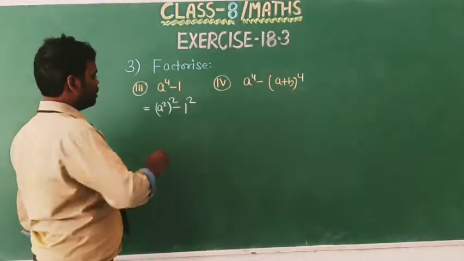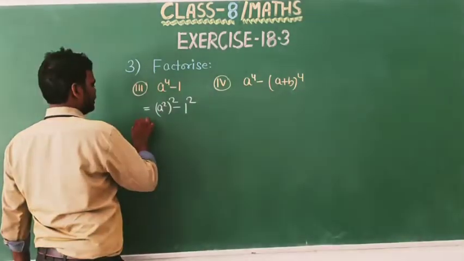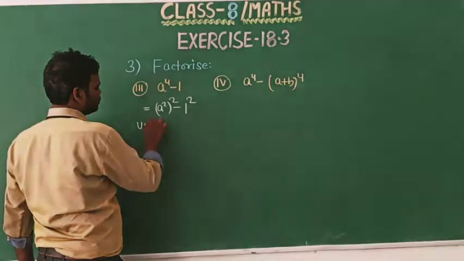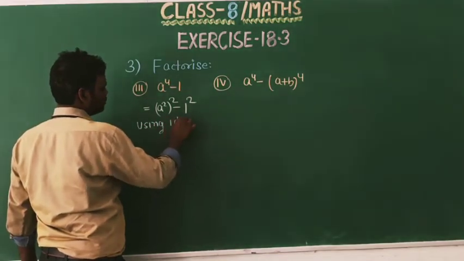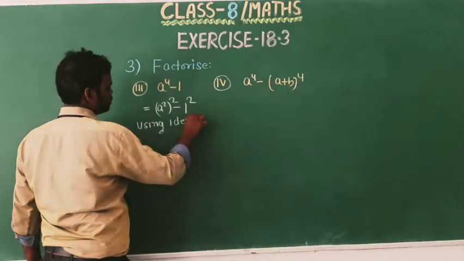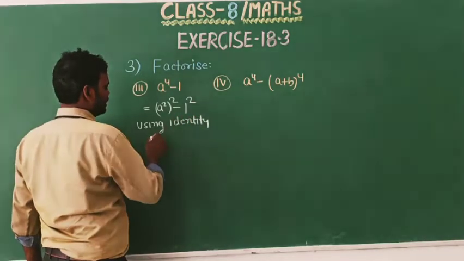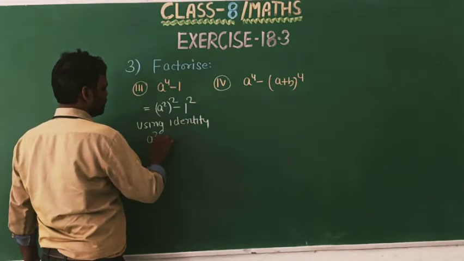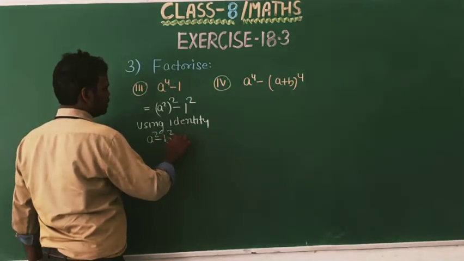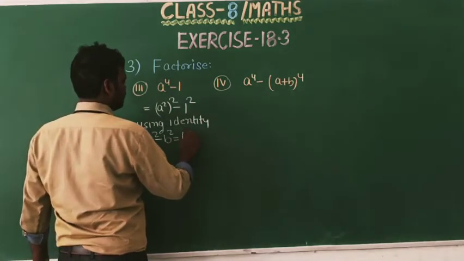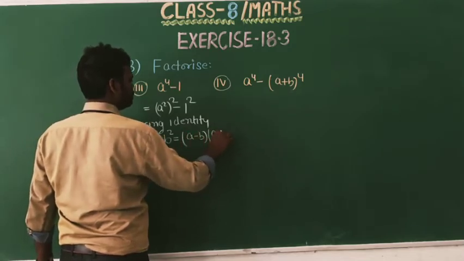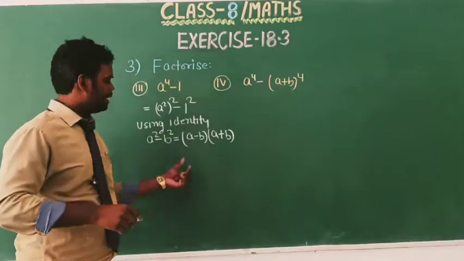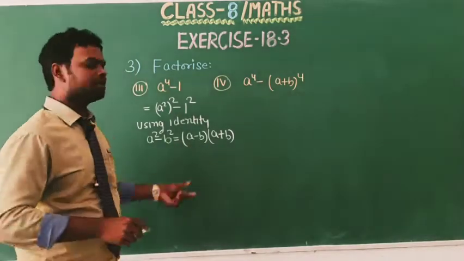Now using the identity a square minus b square equals a minus b and a plus b.